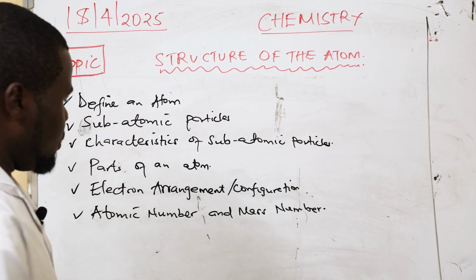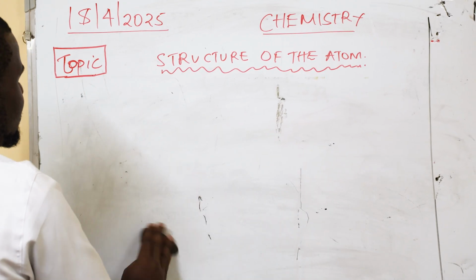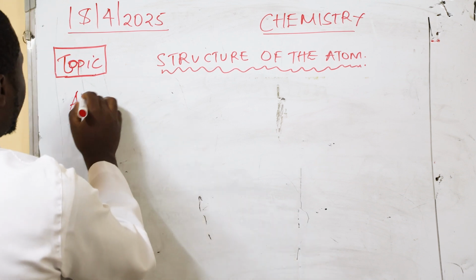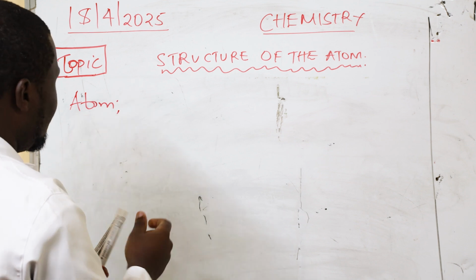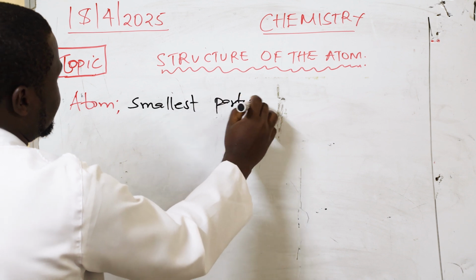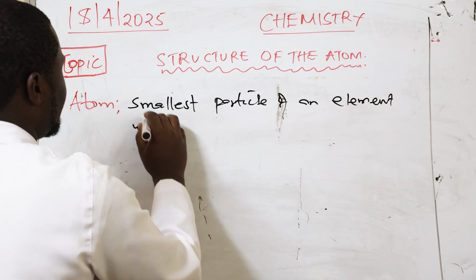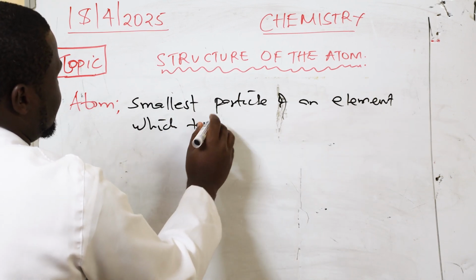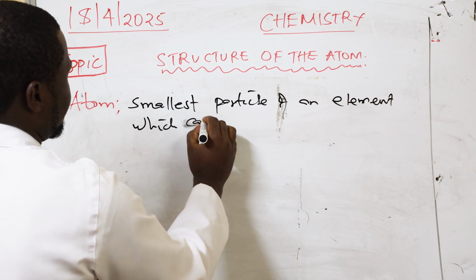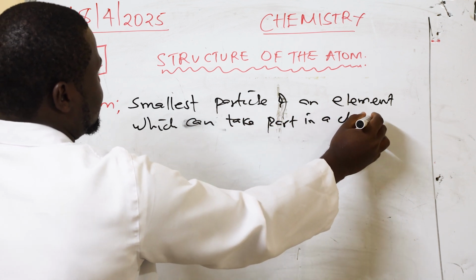So let me start. What is an atom? We define an atom as the smallest particle of an element which can take part in a chemical reaction.